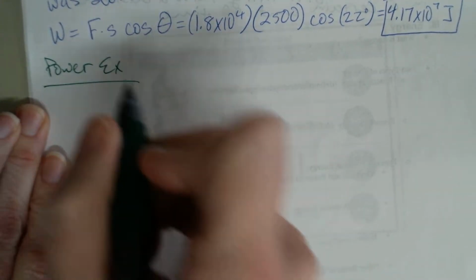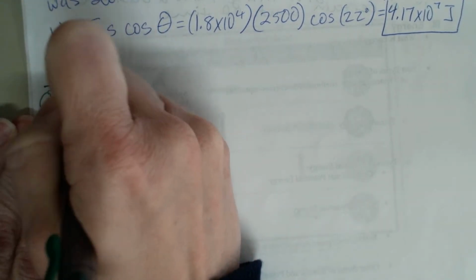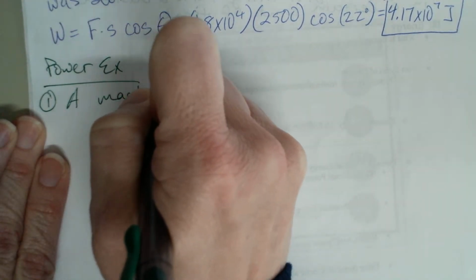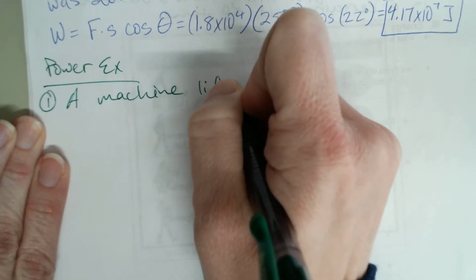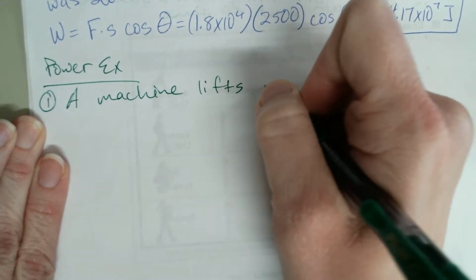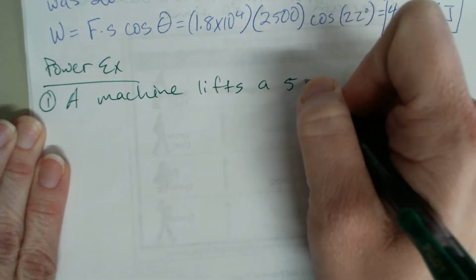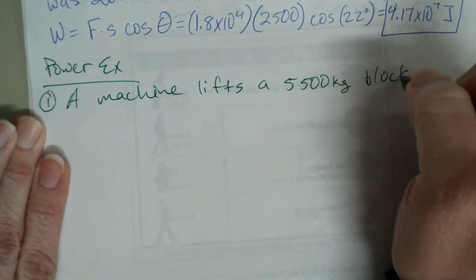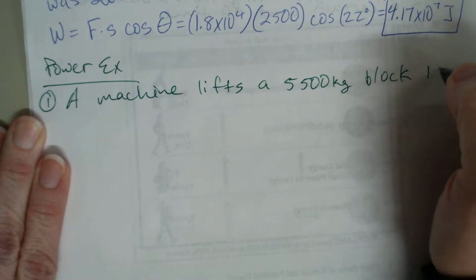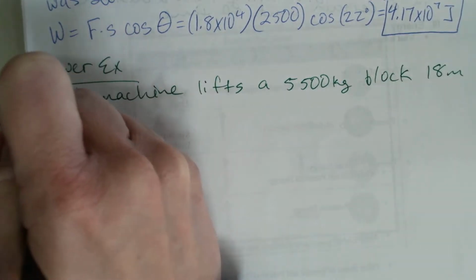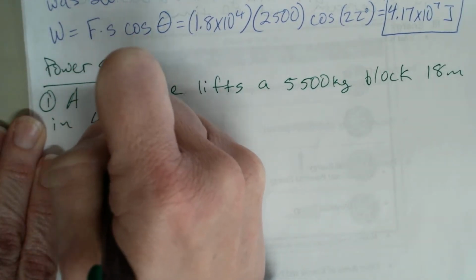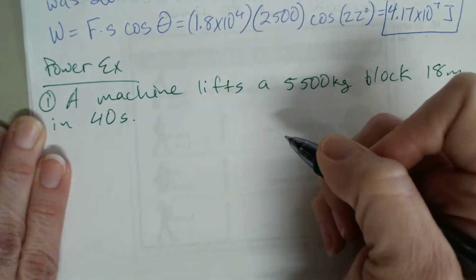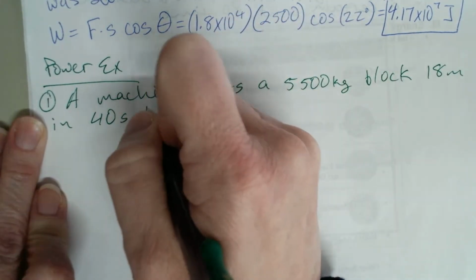All right, so a machine lifts a 5,500 kilogram block 18 meters in 40 seconds. How powerful is this machine?